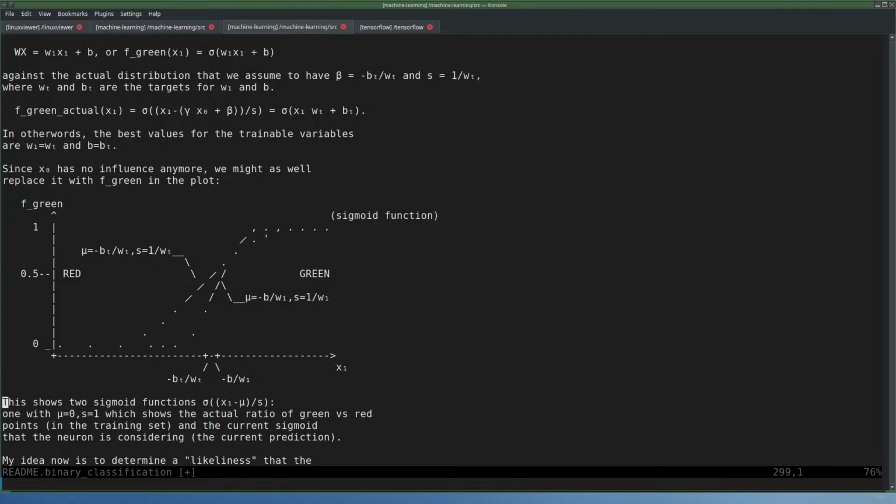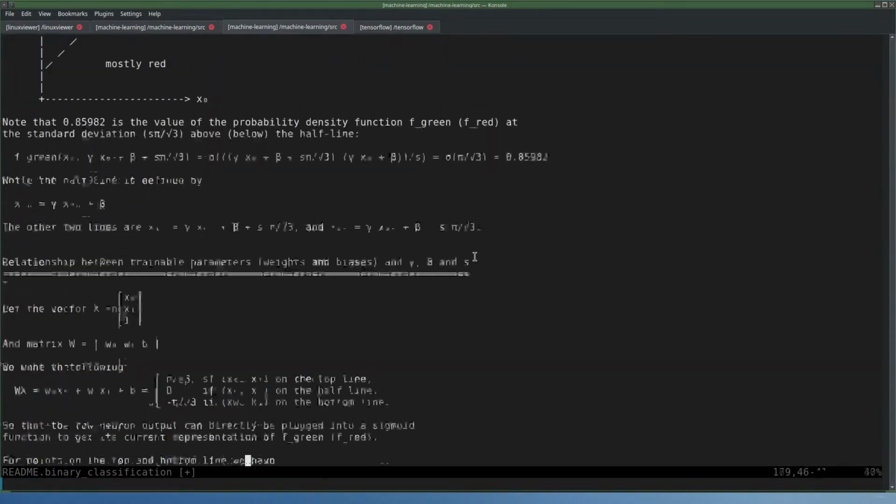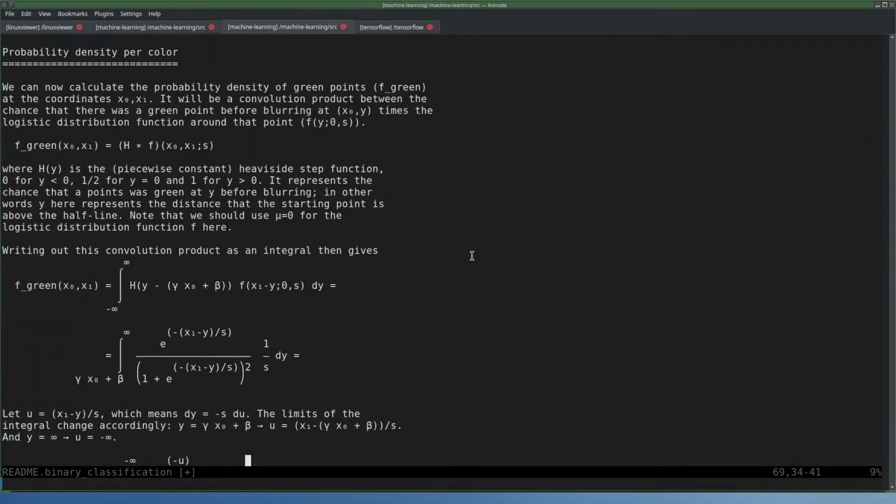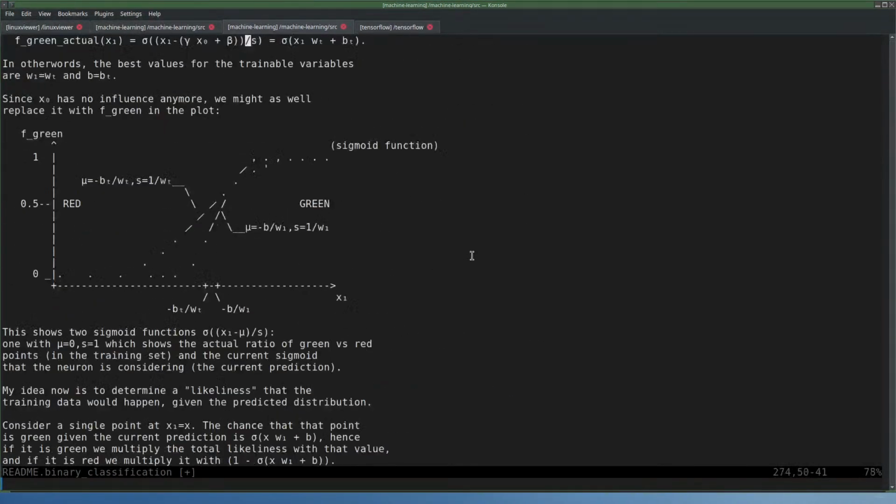In other words, this line here shows two sigmoid functions. X minus mu. Mu and beta are the same thing here at the moment because, well, I set gamma to 0. But that's stuff up here, which we skip for now.